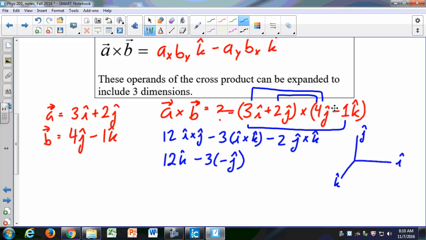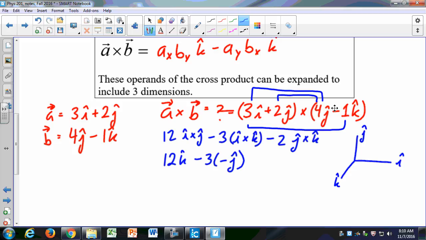And then j cross k. First of all, I know that's going to be plus or minus i, right? Because it has to be orthogonal to j and k. But what is it? Is it plus i or minus i? Take a moment, use your right hand rule, index finger in the direction of j, middle finger in the direction of k, and then your thumb will point in which direction? Use your right hand, okay?